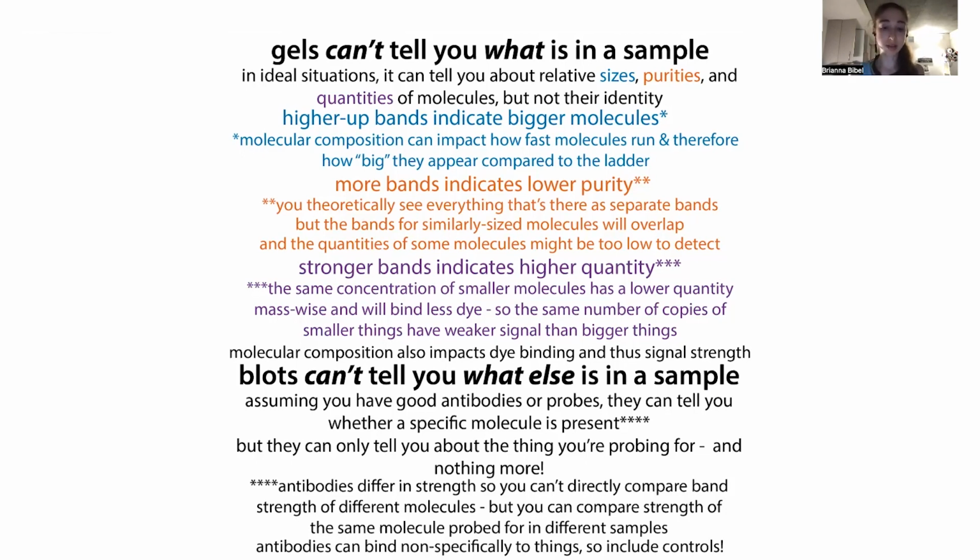It can also impact the dye binding, and thus how strong the signal looks. But gels can be helpful because they're telling you about everything that's there, taking into account those caveats.